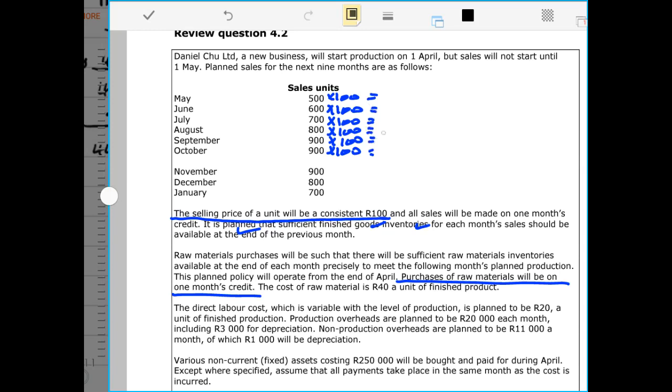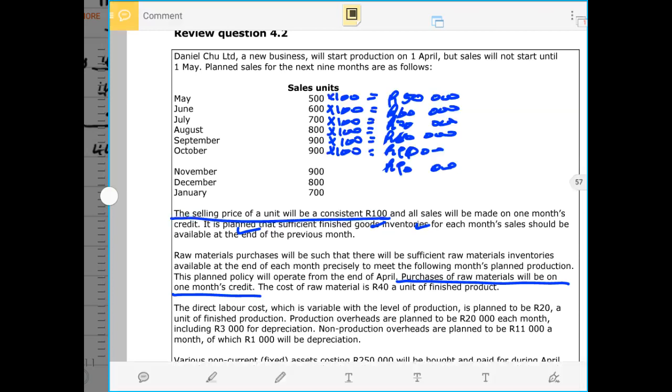That will mean our sales here will be 50,000 rands, 60,000 rands, 70,000 rands, 80,000 rands, 90,000 rands, and another 90,000 rands.